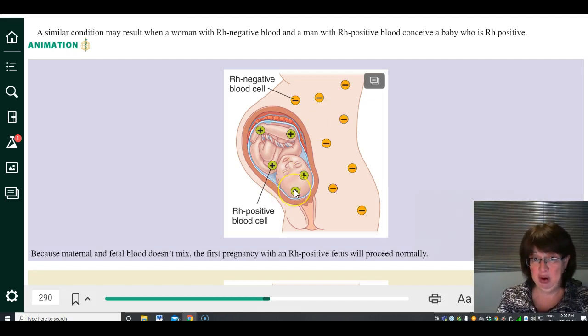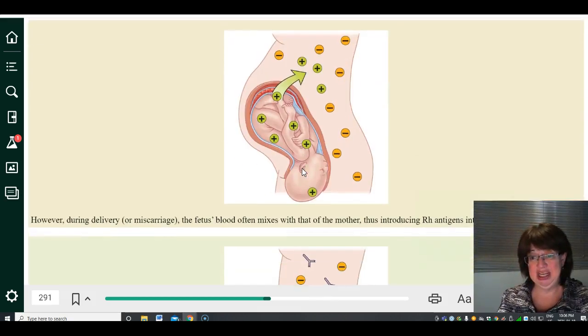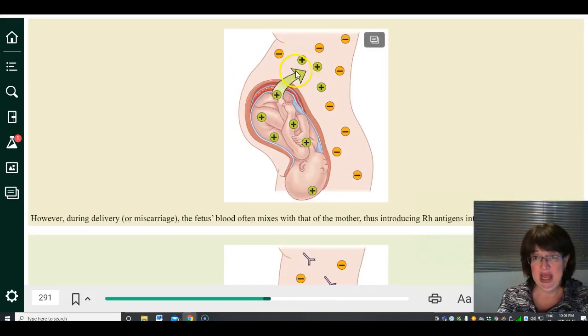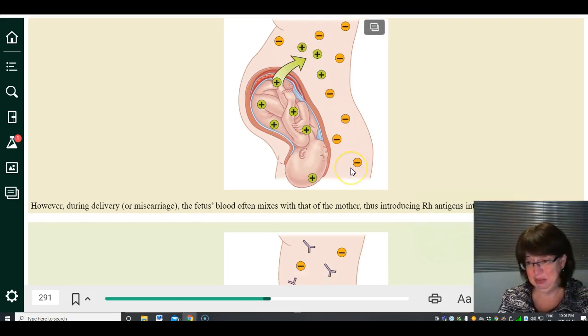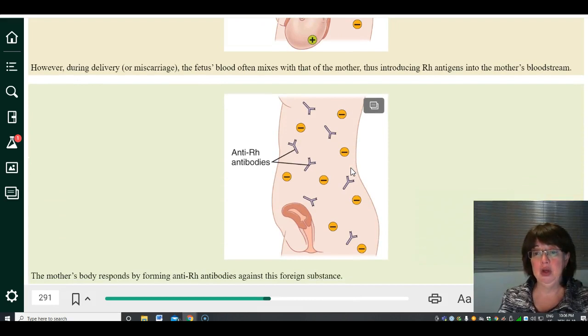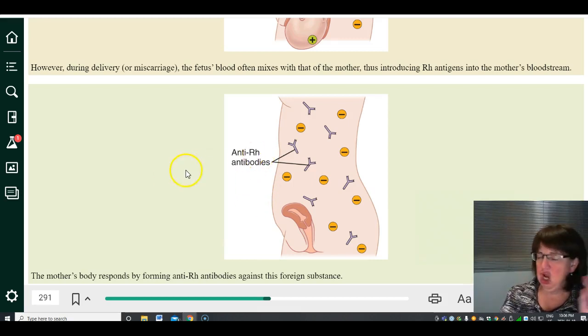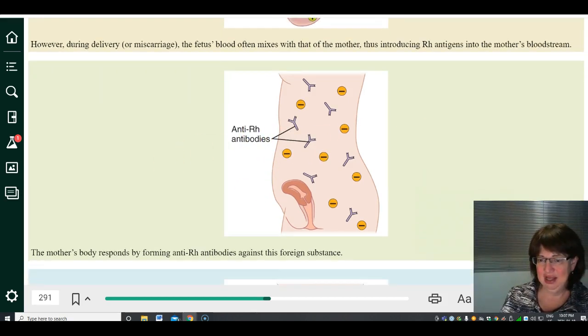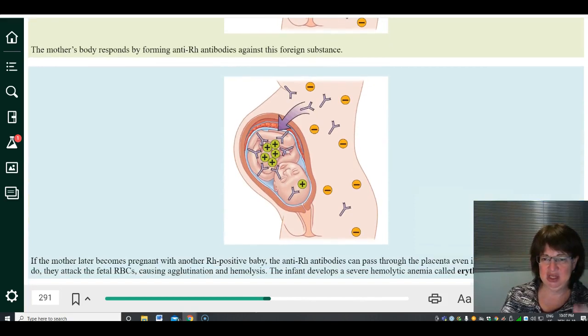During the birthing process, however, those positive antigens will get into the body. And then since the positive antigens have got into the mother's body, the mother will make antibodies against the Rh factor. Not a problem until the second fetus arrives.